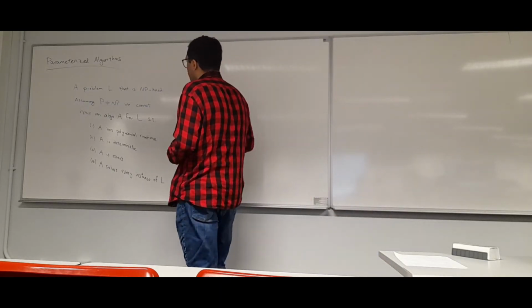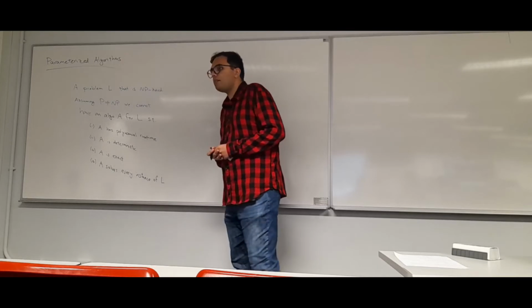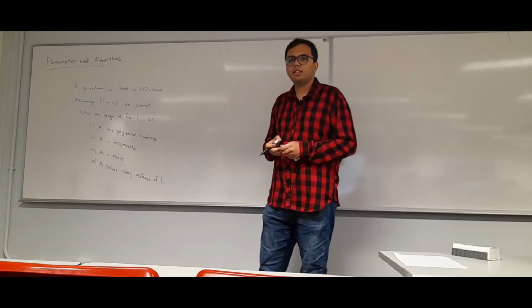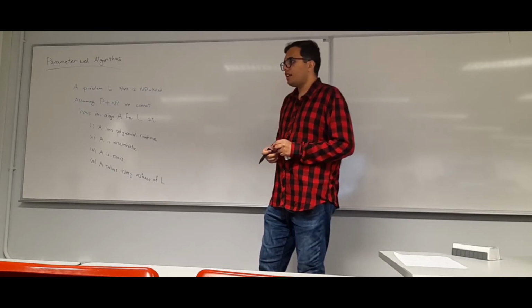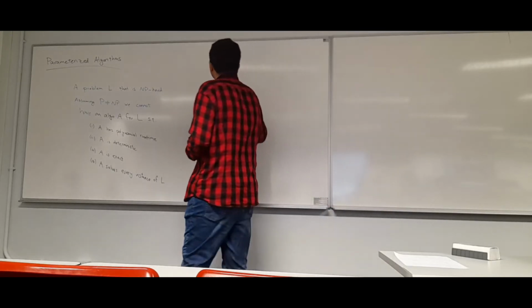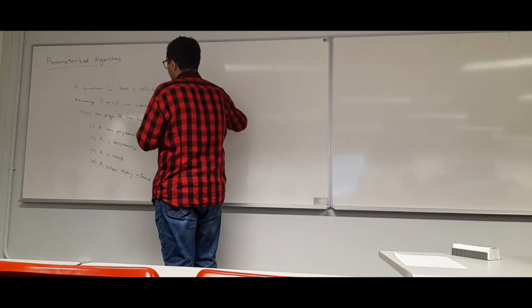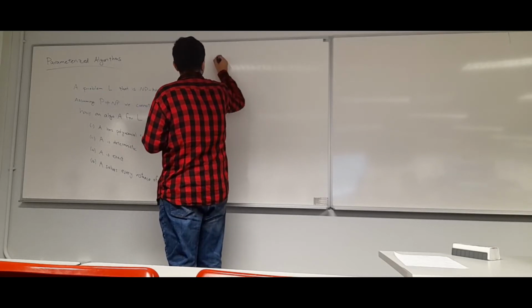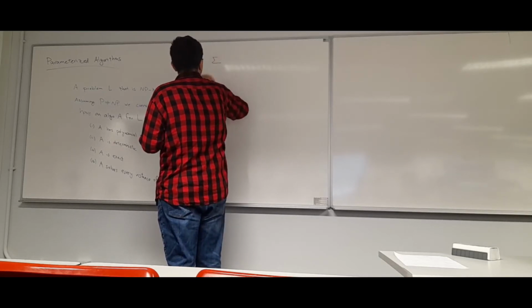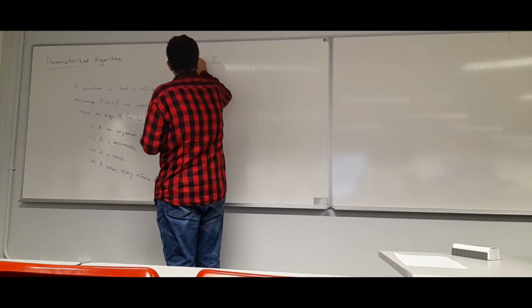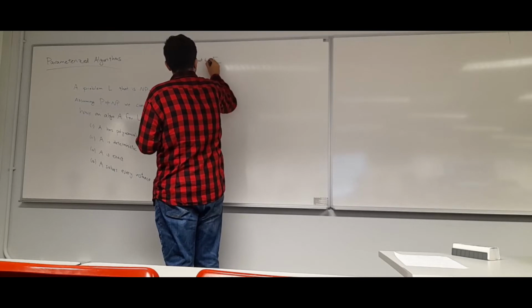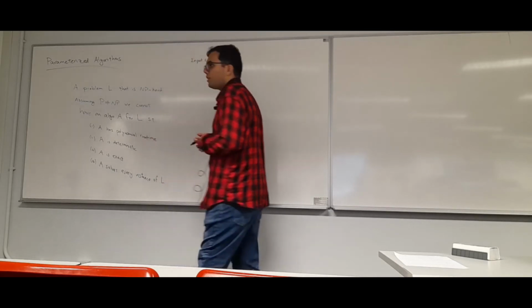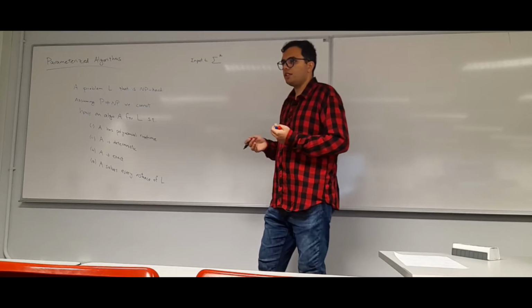Okay. So to be more exact, when I'm talking about a parameterized algorithm, my input is no longer just going to be some string. It's also going to contain a number. So for a normal decision problem, we had some alphabet sigma, and then our input was just some member of sigma star. It was just a string.